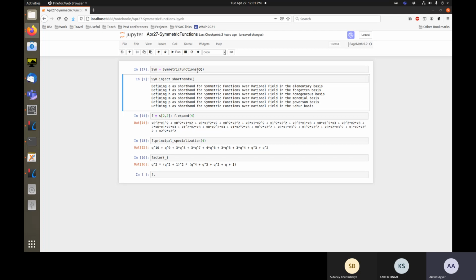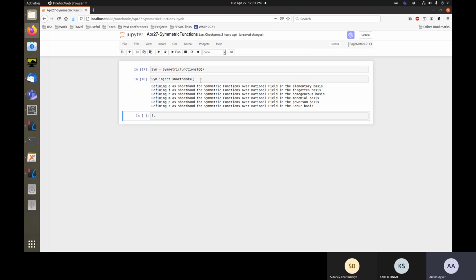So I've defined Sym this way. I can define variables for each of the classes of symmetric functions that I'm going to take. So this in one shot defines all the standard symmetric functions for me.